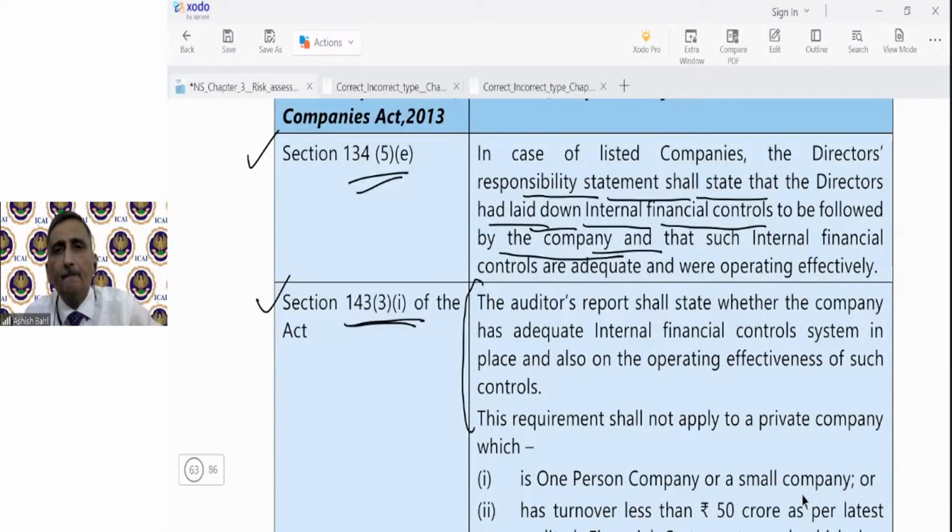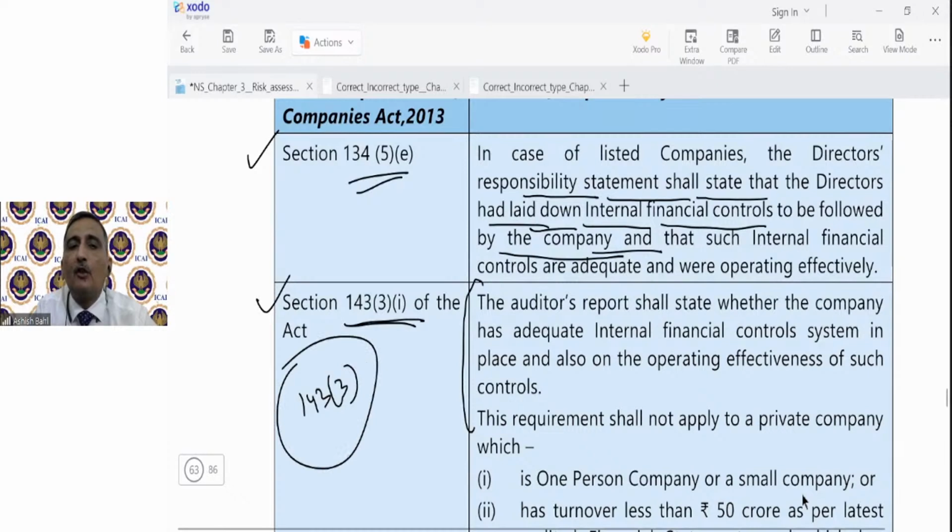So the auditor, in case of a company, gives his report in accordance with the requirement of section 143 subsection 3. So this you would be reading in your chapter on audit report, which is in module 2.